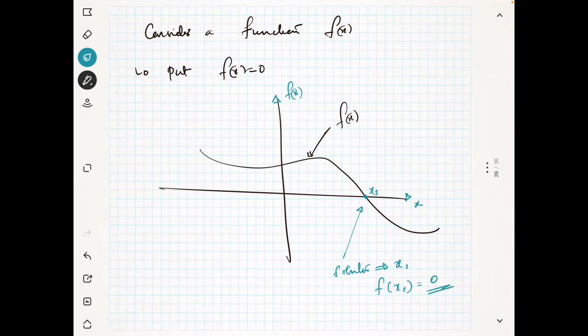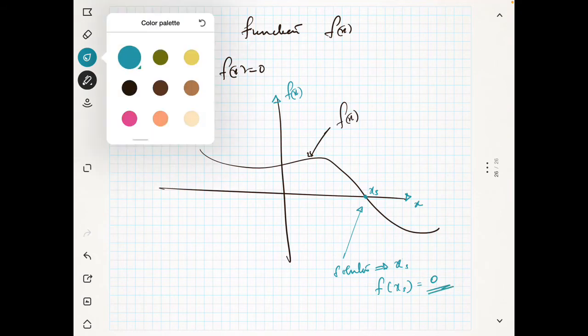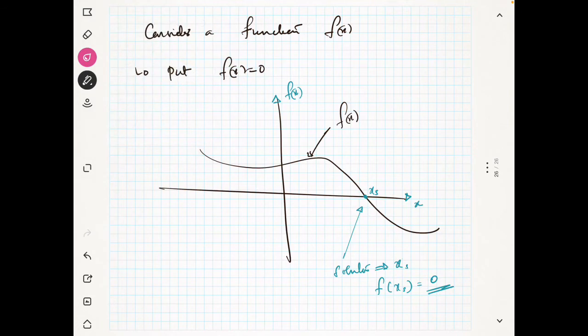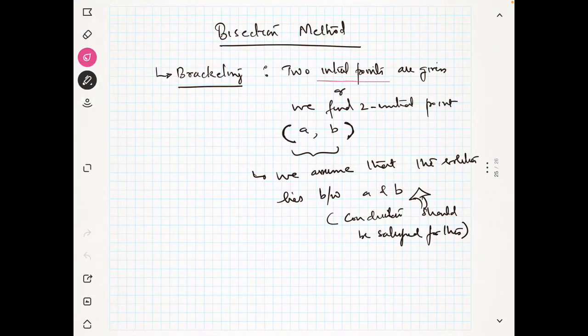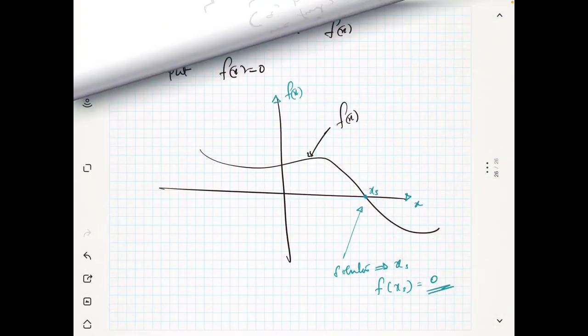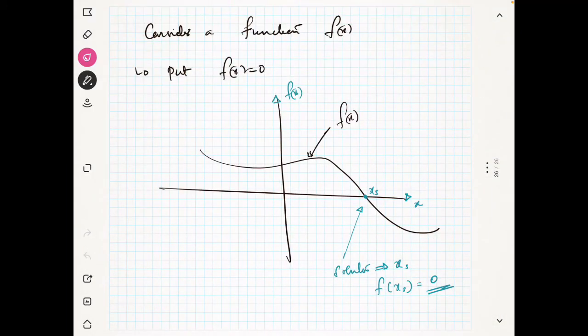That is the solution. Suppose, as I told you, you have to assume some initial points or initial solutions, and it is assumed that the solution is between the points A and B. So I am just assuming some points A and B. Let's say I am assuming a point A here, and B here.